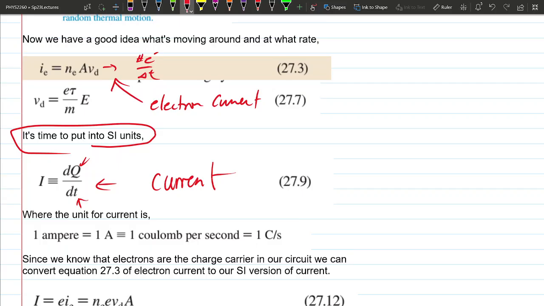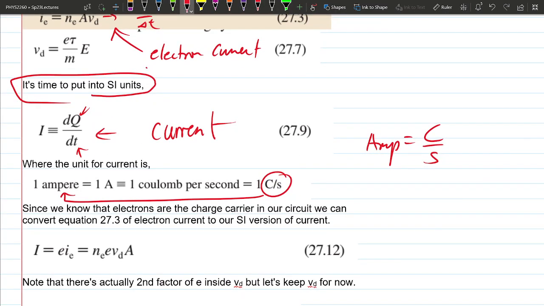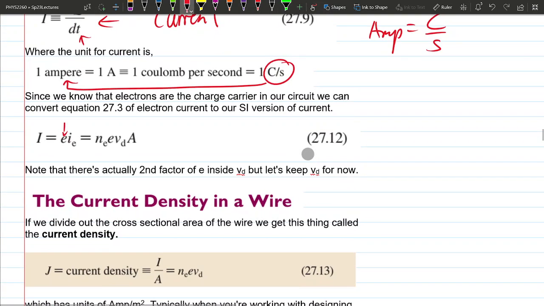And the unit for a current is a coulomb per second, and since it's used so much, there's another term for it named after this guy, Ampere. 1 amp is the unit for current, and it's the same thing as 1 coulomb per second, okay? So all we have to do to convert the electron current to regular current is multiply the electron current times the charge of the electron.